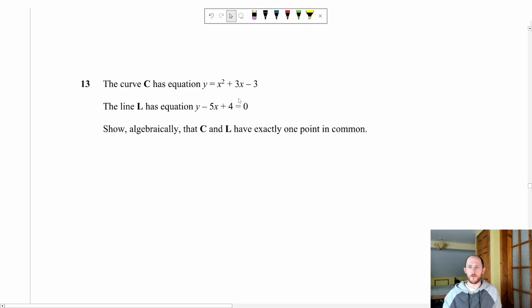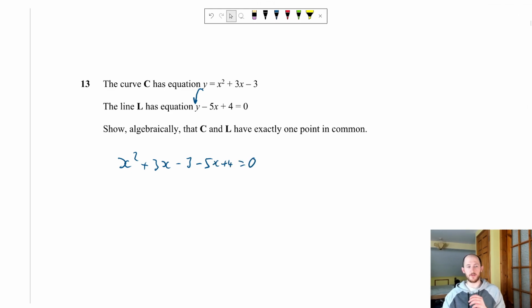So how do you do that? Well, when they intersect, it means that these x's and y's are actually the same, which means we can just sub one equation into the other. Now this one's already rearranged for y, so I'm going to sub it straight in. We have x squared plus 3x minus 3 minus 5x plus 4 equals 0.